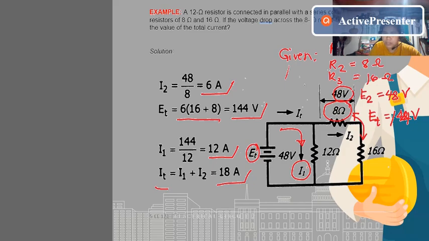So therefore need na to i-solve una ang voltage drop sa duha plus voltage drop sa atuang parallel dire. So therefore 144 ang atuang total voltage diay. So I hope nasabtan.